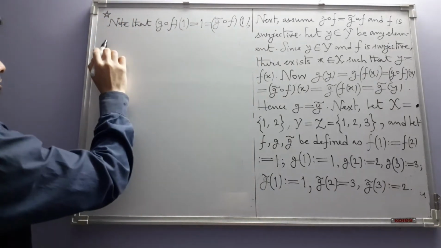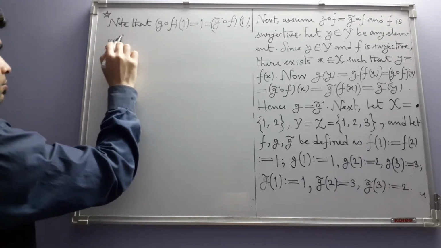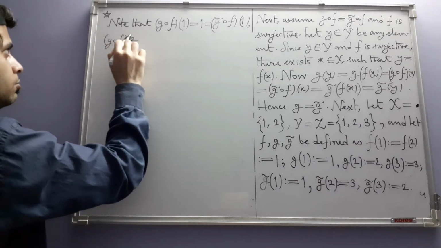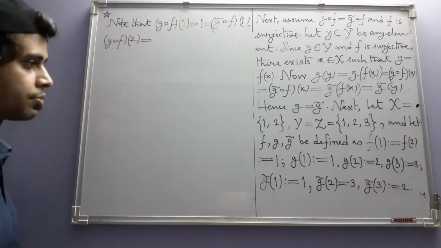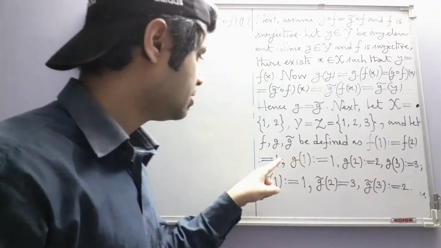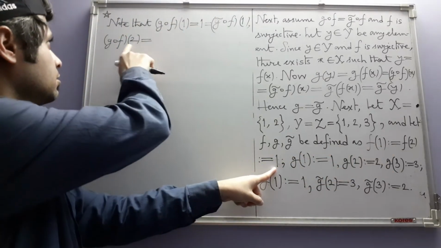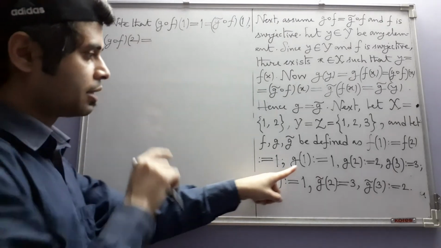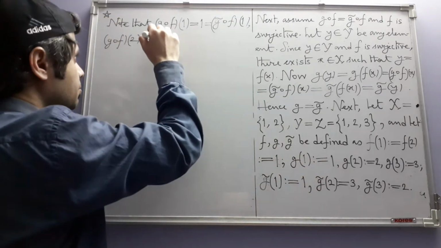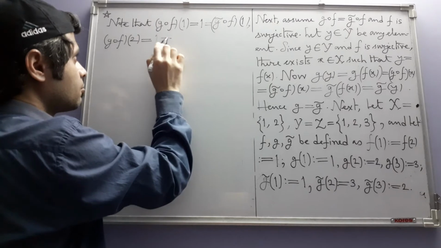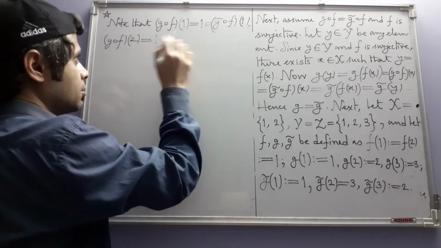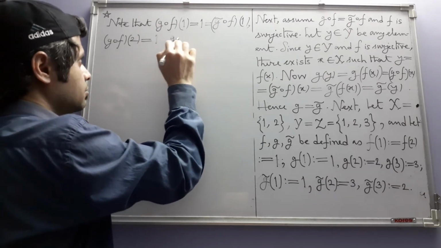Only one more thing to check, at the point 2. F of 2 is 1. G of that 1 is 1. Write equality afterwards.